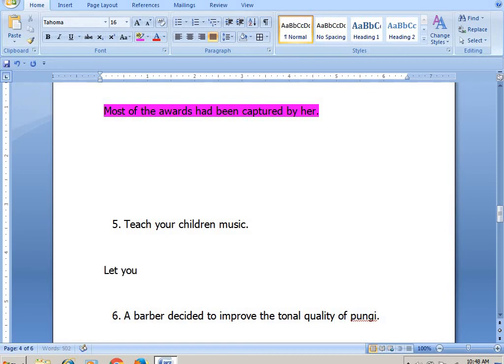Let your children be taught music. So students, you got it? What did we do over here? I am going to give you some similar examples to solve for homework. Teach your children music. Let your children be taught music.